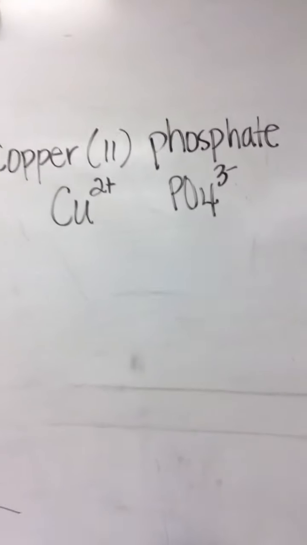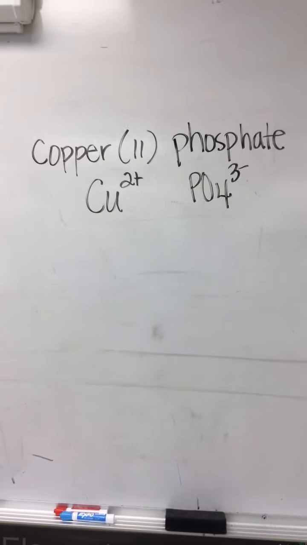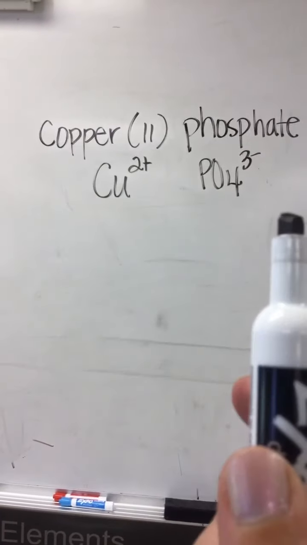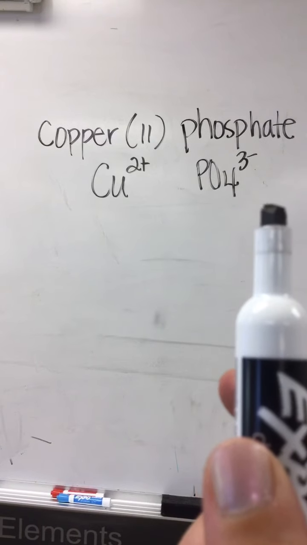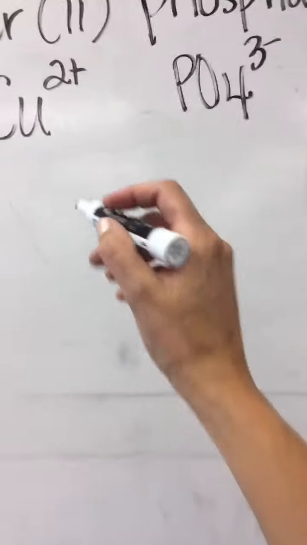So let's do a copper 2 phosphate. If I wanted to make a copper 2 phosphate, I've written their ionic charges. I'm going to crisscross. I'm going to take the 2 from the copper and make it follow the phosphate. I will take the 3 from the phosphate and make it follow the copper.